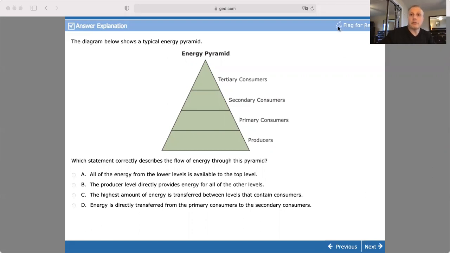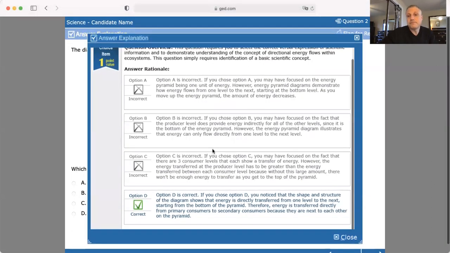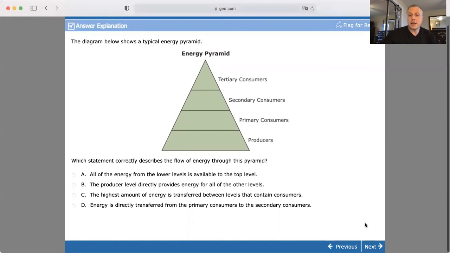And again, you can flag it for review. You can click on the answer of the explanation here, and you can see basically the same thing in here, talking about the transfer directly from primary to secondary, which is option D that we obviously went with as well in here.